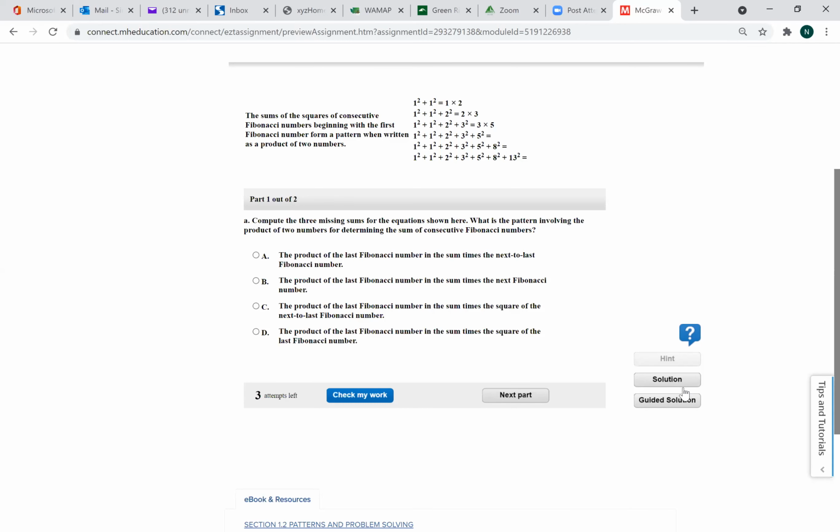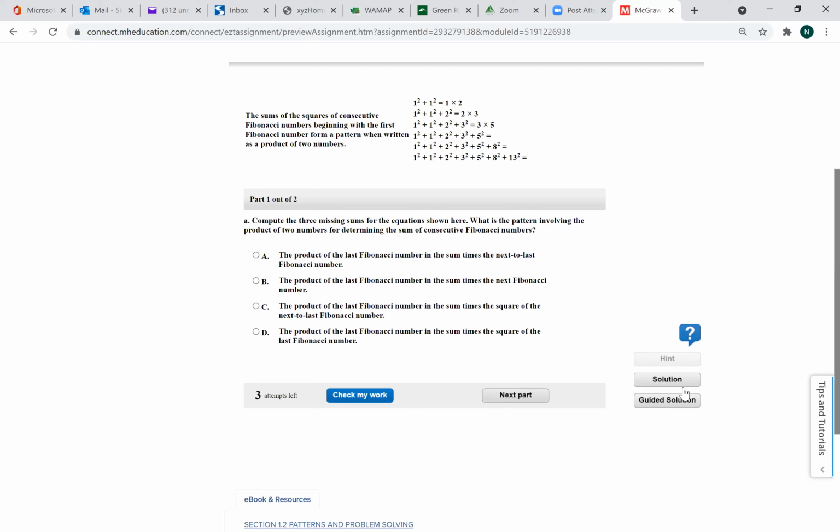So that first line, 1 squared plus 1 squared equals 1 times 2, which is 2, okay? The second line, 1 squared plus 1 squared plus 2 squared equals, well, 1 squared and 1 squared, that's 1 plus 1 plus 4, which is 6, and that's equal to 2 times 3, okay?